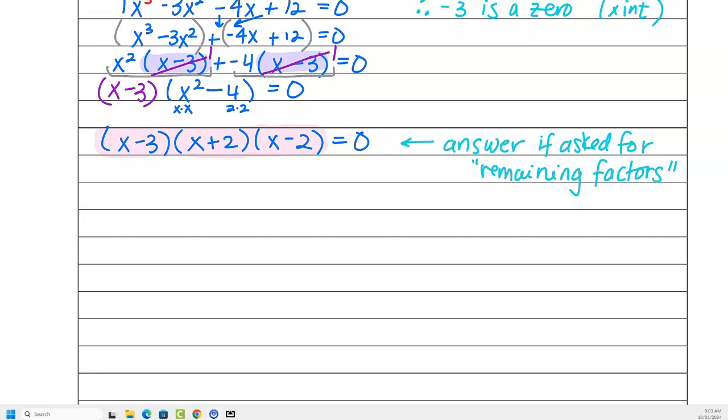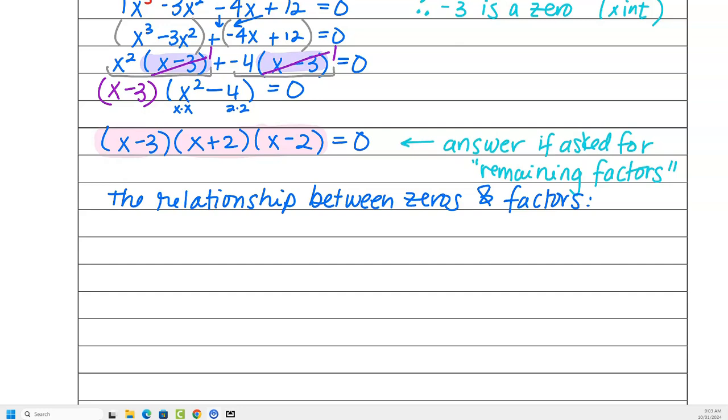So let's just remind ourselves the relationship between zeros and factors. So the relationship between zeros and factors is the following. A factor is equal to x minus a 0.